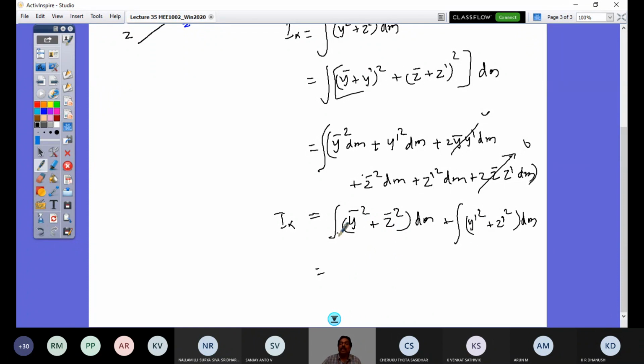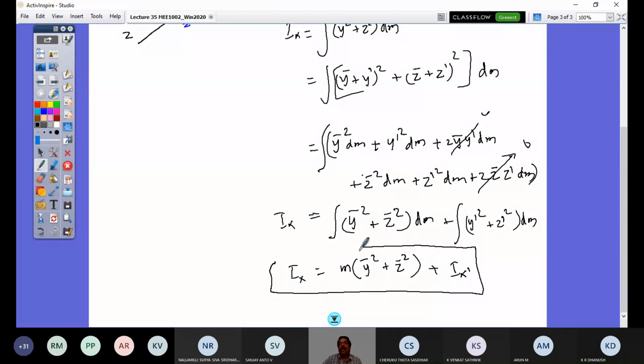So the integral of dm becomes m into y bar square plus z bar square, plus the integral of y dash square plus z dash square within brackets into dm, which is Ix dash. So these are all mass moments of inertia now.